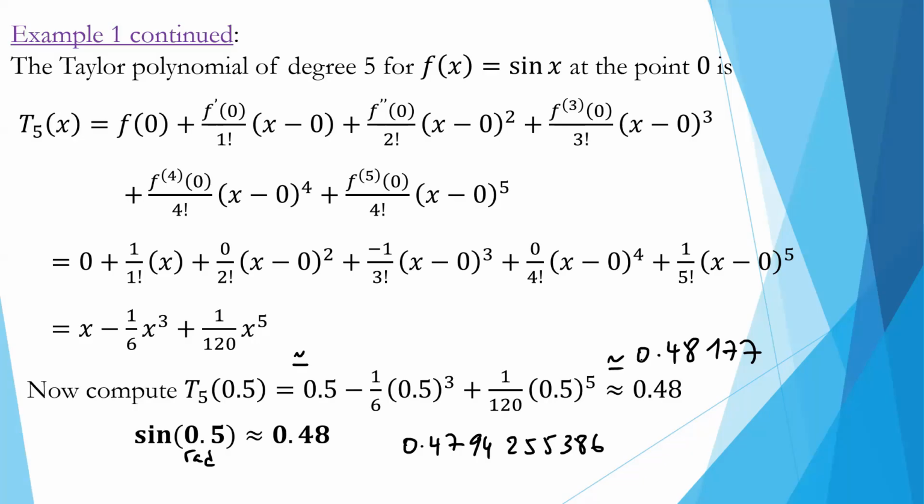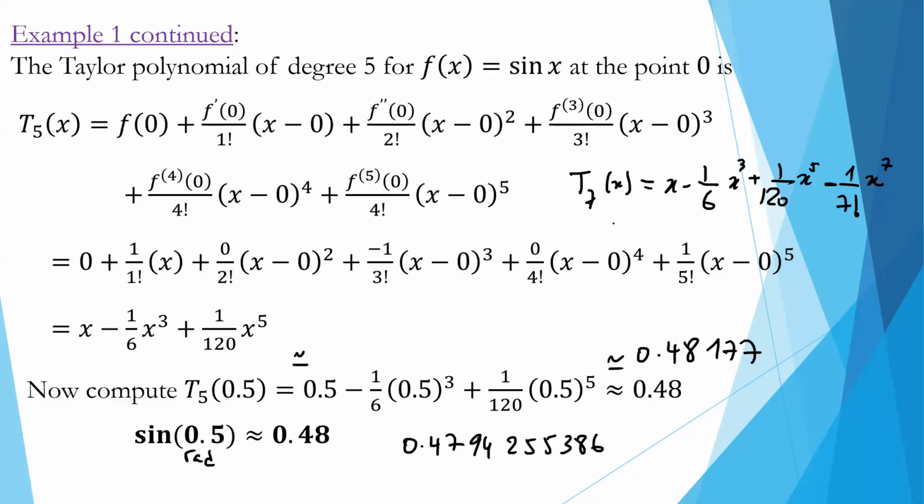You have to try order 7, for example. Here it's easy. T7 of x will be x minus 1 over 6 x cubed plus 1 over 120 x to the 5 minus 1 over factorial 7 x to the 7.